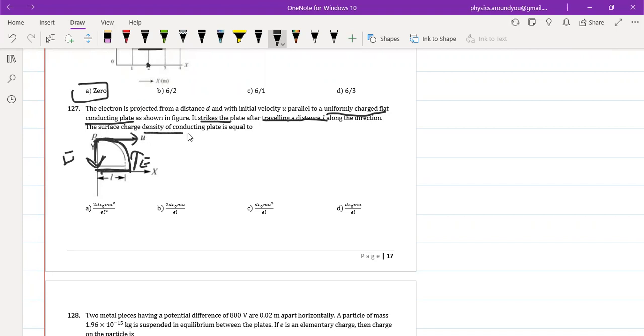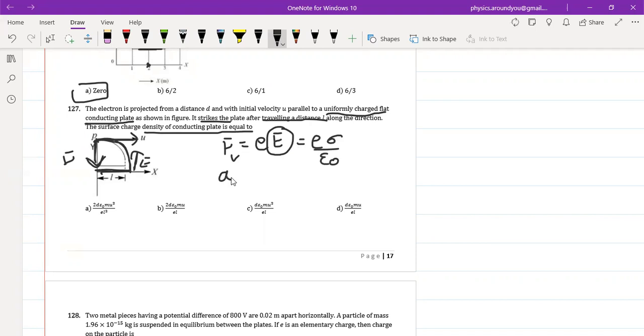What is the surface charge density of the conducting plate? What is the vertical force experienced by the electron? It is the charge of the electron times the electric field. The electric field due to a conducting plate is simply sigma by epsilon naught. So the vertical force experienced by the electron is e times sigma by epsilon naught.